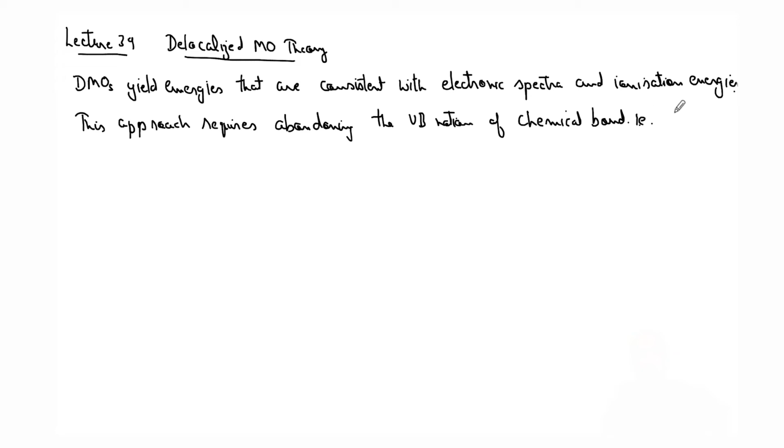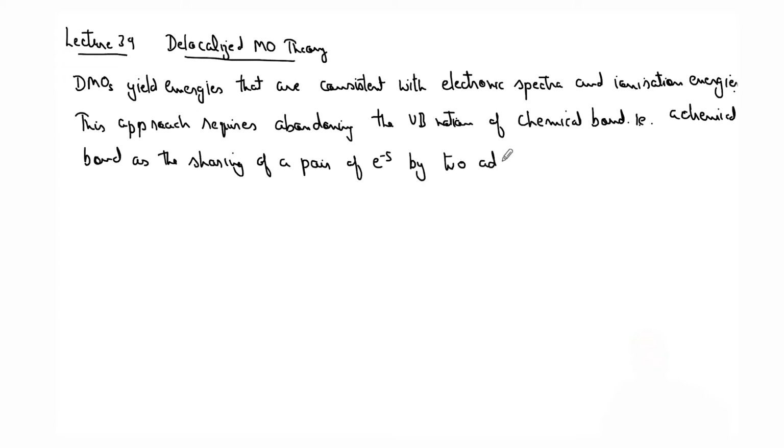A chemical bond as the sharing of a pair of electrons by two adjacent atoms. This thought we have to get rid of when we are discussing delocalized MO theory.